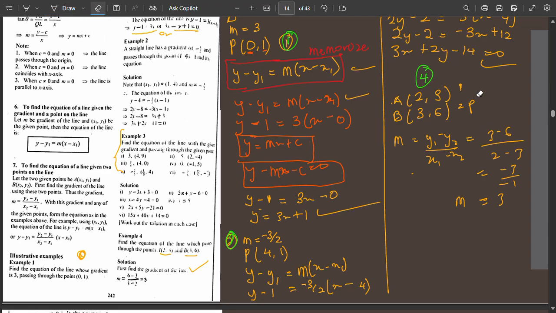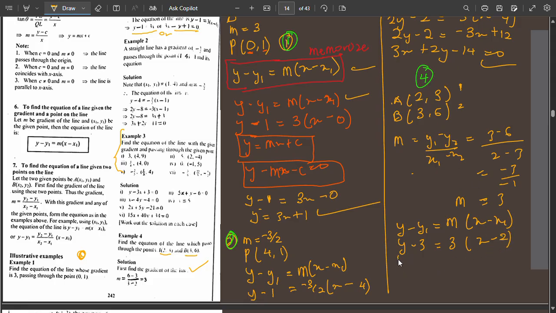So I'll use the same formula used up there: y minus y1 is equal to m into bracket x minus x1. So y1 from here is 3. So y minus 3 is equal to m, which is 3, then x minus x1, which is 2.